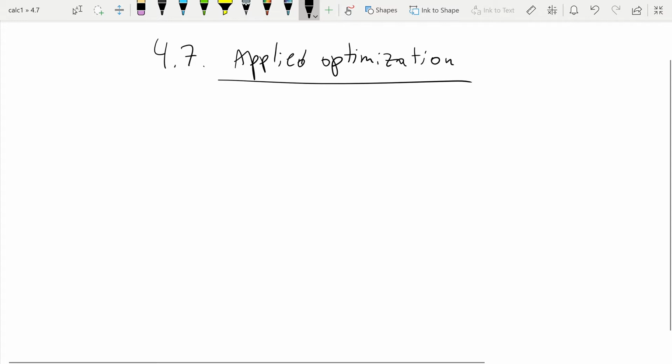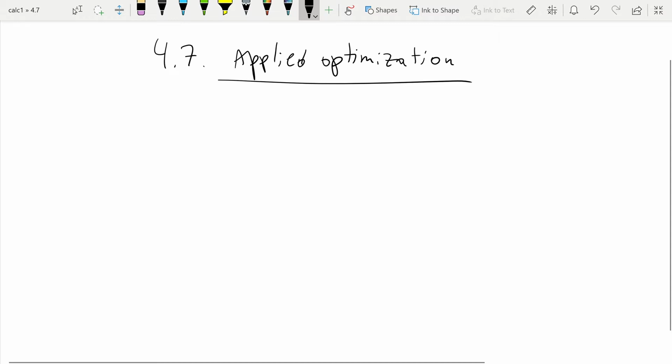And in fact, most of these applications, or at least some of them, were behind the original motivation for the development of the theory. In the beginning, people wanted to find a way of tackling problems that involve finding an optimal shape, an optimal production level.